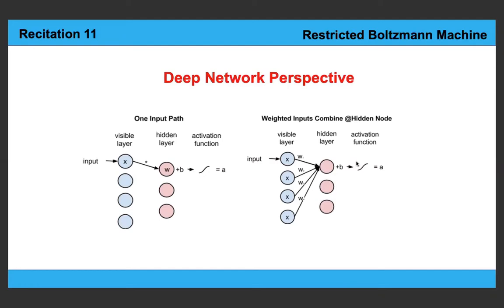If these two layers were part of a deeper neural network, the outputs of the hidden layer, hidden layer 1, will be passed as inputs to hidden layer 2, which was mentioned before. So this one would be the new visible layer, and the nodes inside this layer would be fed into the second hidden layer. And so we repeat this process as many times as you want.